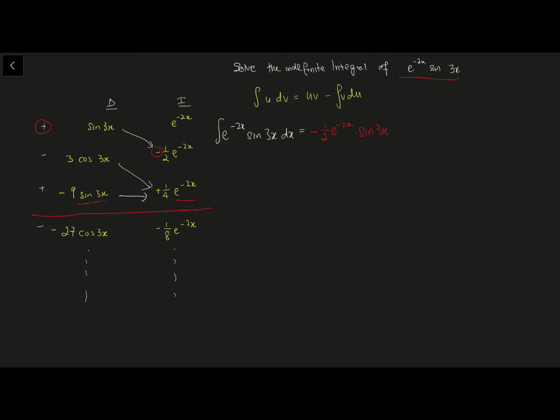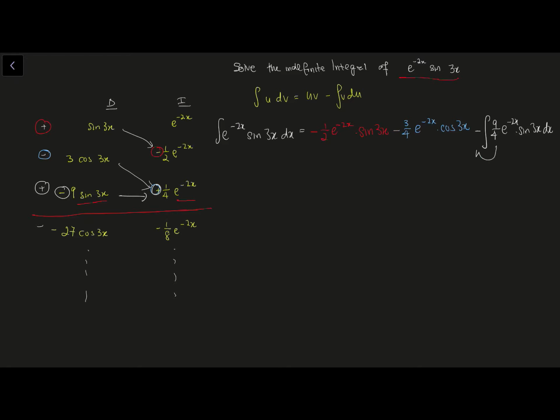For the second term, negative and positive is negative. Therefore, negative 3 quarter e to the power of negative 2x cos 3x. And for the last term, it is positive, negative, positive. Therefore, minus the integral of 9 over 4 e to the power of negative 2x times sine 3x dx.